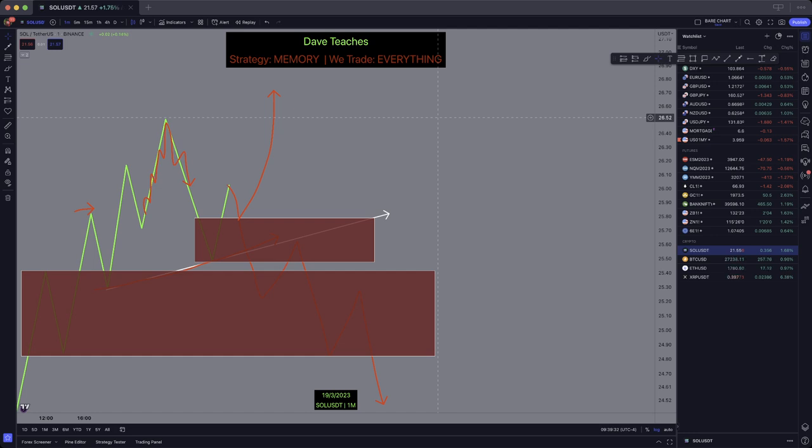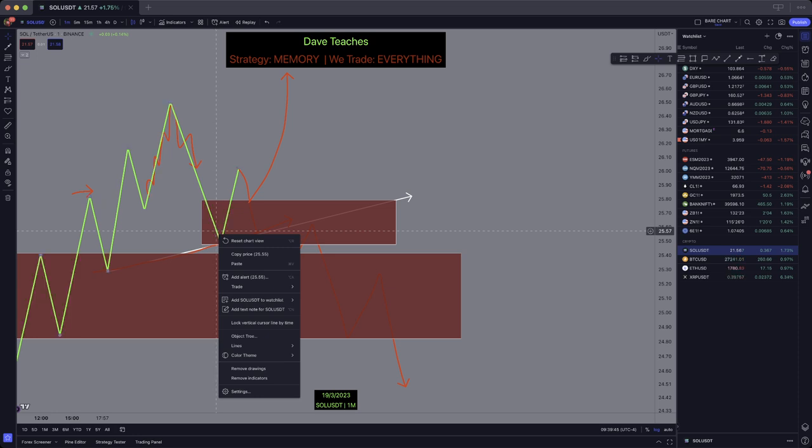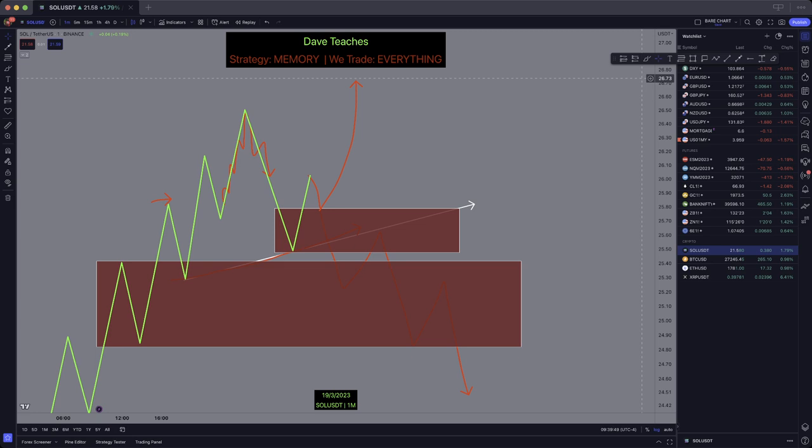So they're following the bullish flip, not understanding the higher time frame order flow that price is in. So though this is a flip right here, it's temporary. It's to retrace and go back down.